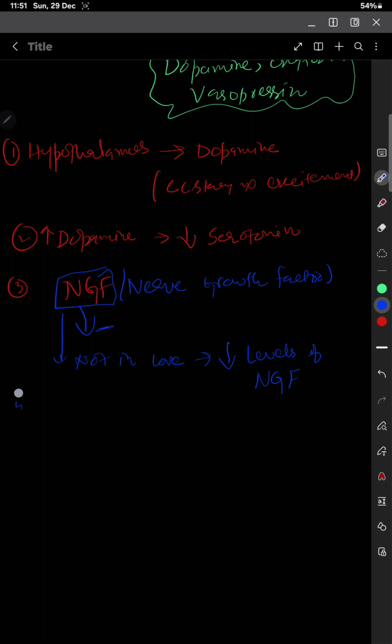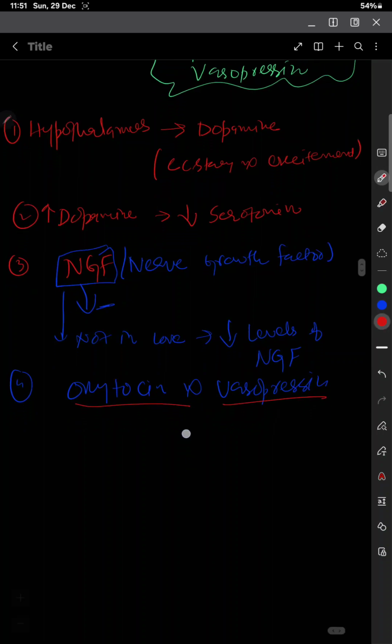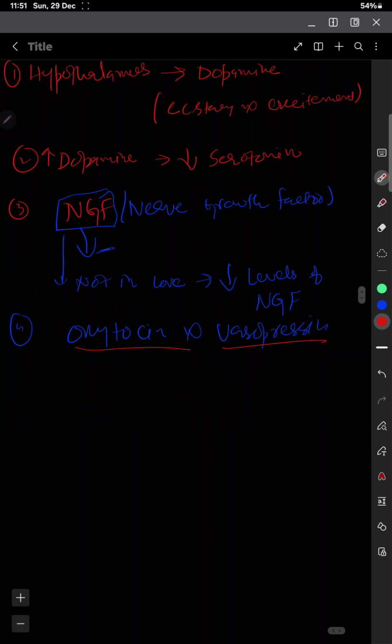The fourth step is oxytocin and vasopressin. These are responsible for feelings of connection and commitment.